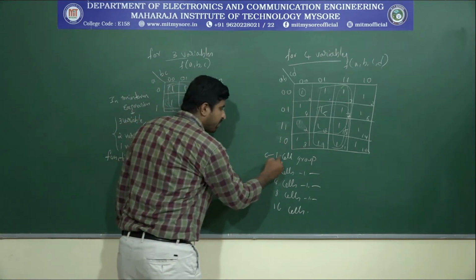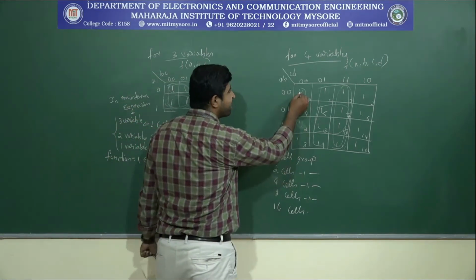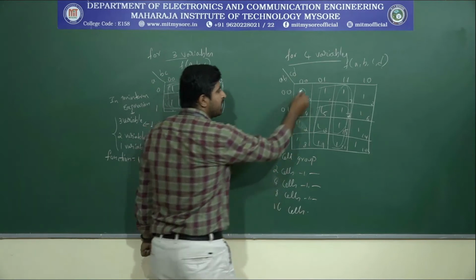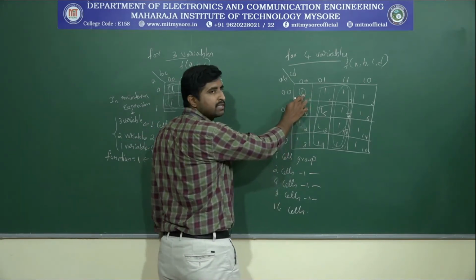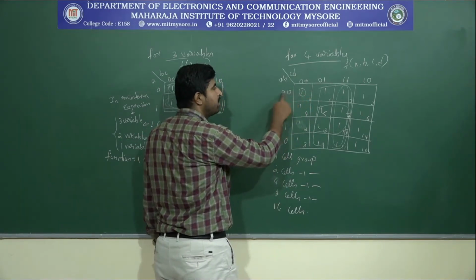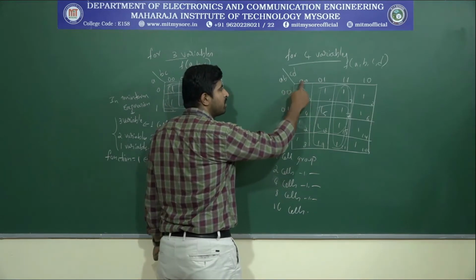But when you make a single cell group, we will get 4 literals. If this is the only group, what is the expression for this group? What is the minterm? A, B, 0 0, C, D, 0 0.